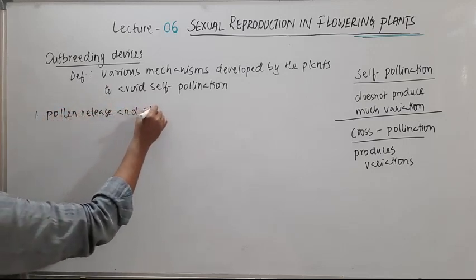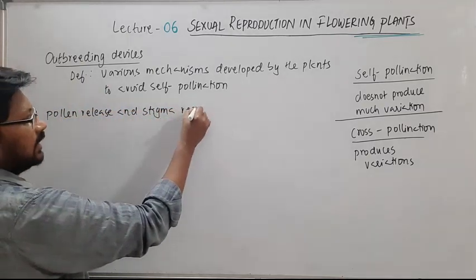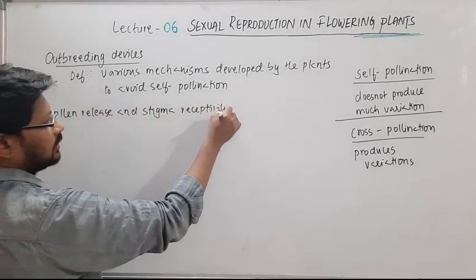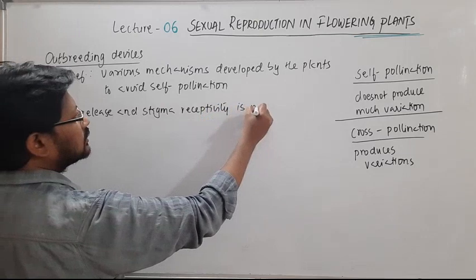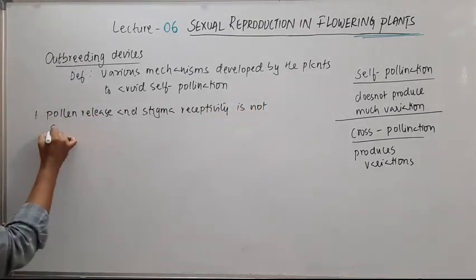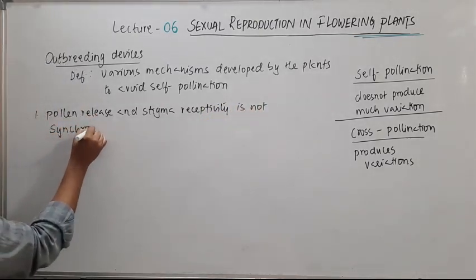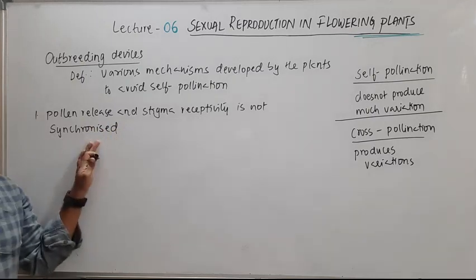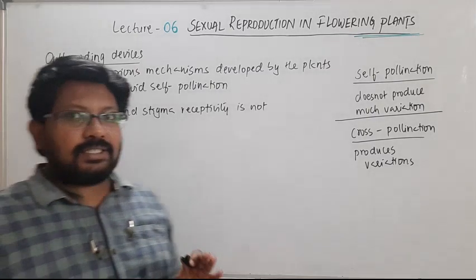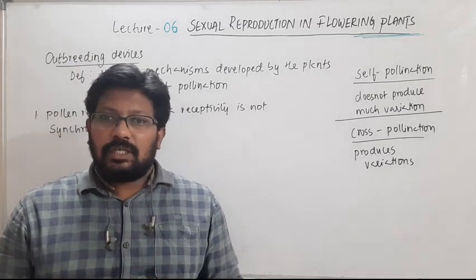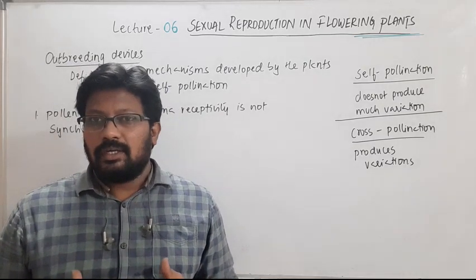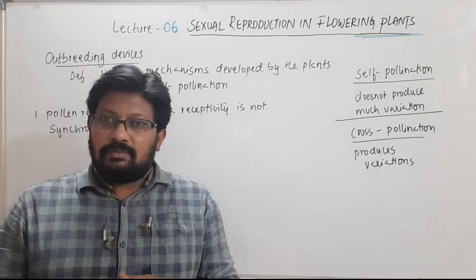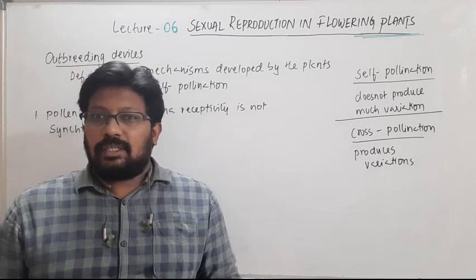and stigma receptivity is not synchronized. So pollen release and stigma receptivity is not synchronized. Here, synchronization means taking place at the same time. If the male reproductive organ and the female reproductive organ mature at the same time, then I say they are in synchronization.